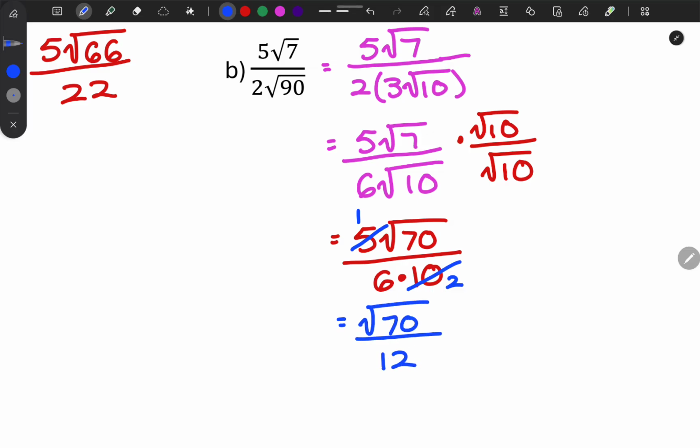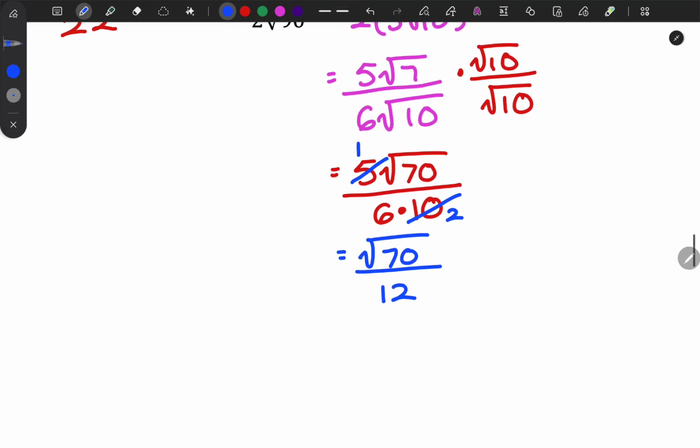Root 70 over 12. The last thing I would also check is the square root of 70, but if we go through the factors of that, it's just going to be 2 times 35, so 2 times 5 times 7, no perfect square factors. So this is fully simplified.